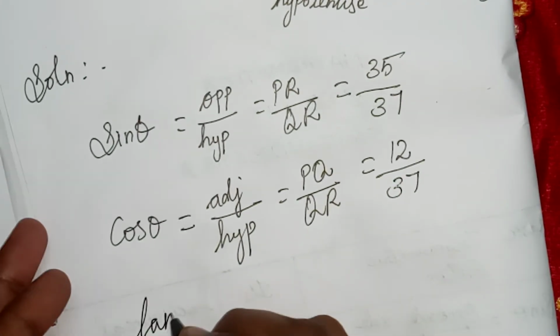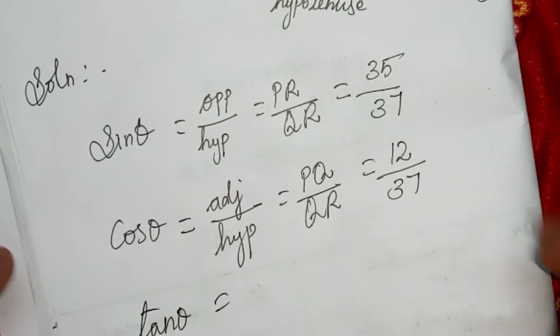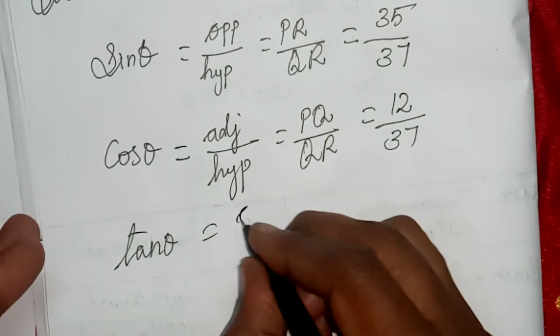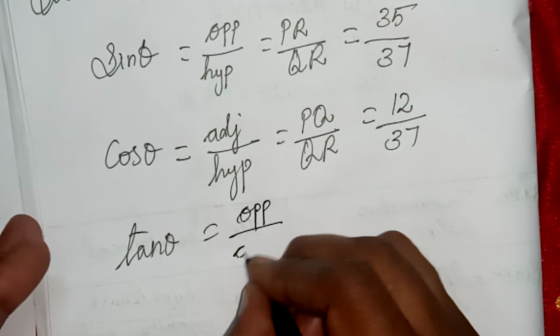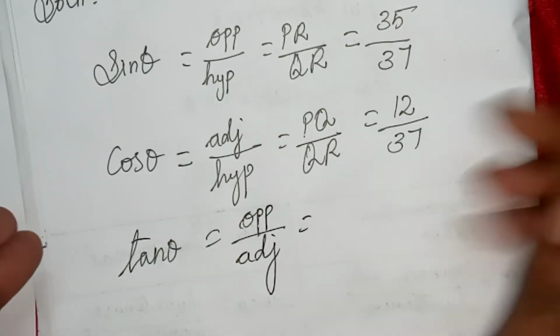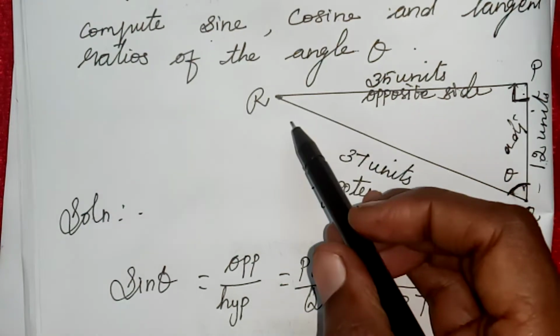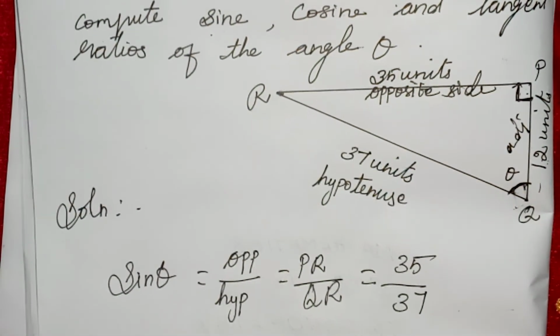Next, tan theta is equal to opposite side by adjacent side. What is the opposite side? PR. What is the adjacent side? PQ.